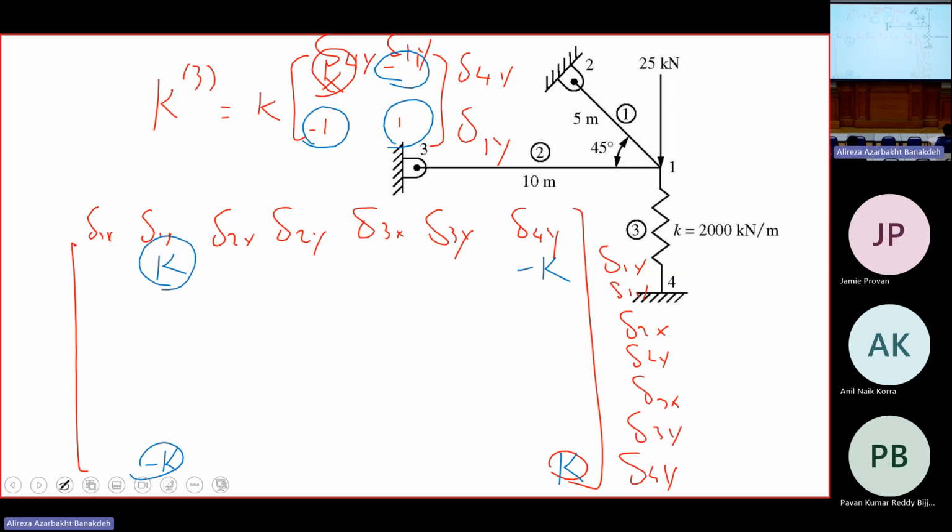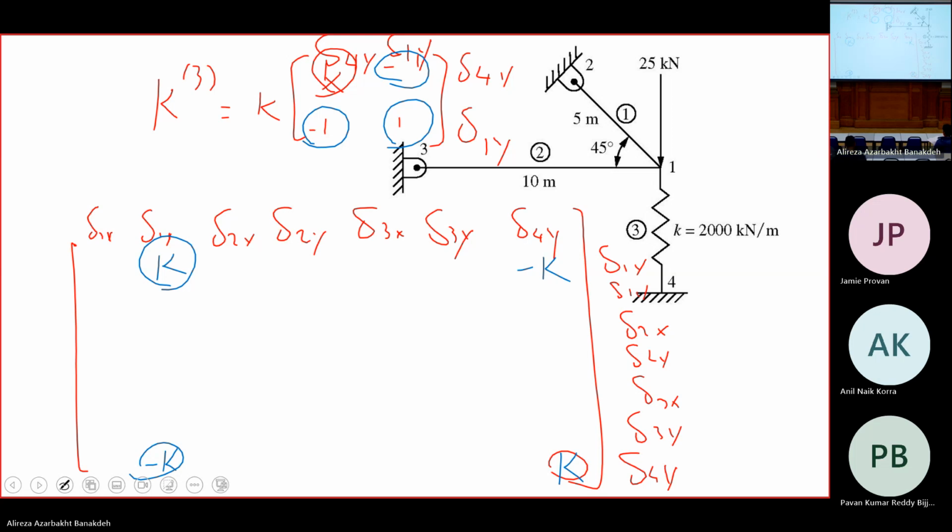So the spring has 4 elements. They're going here. However, we will have 2 different matrices for element number 1 and 2. They will need to be fed into this matrix. And some rows and columns should be eliminated later on based on the supports, restraints.